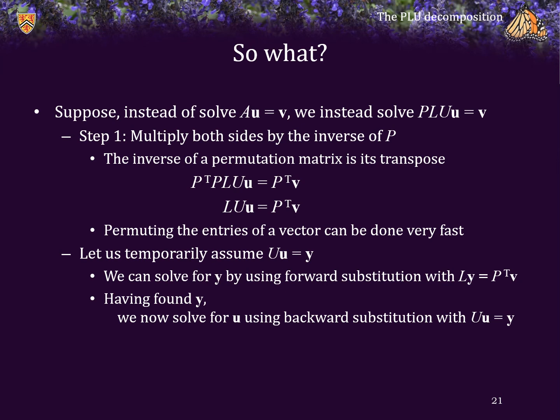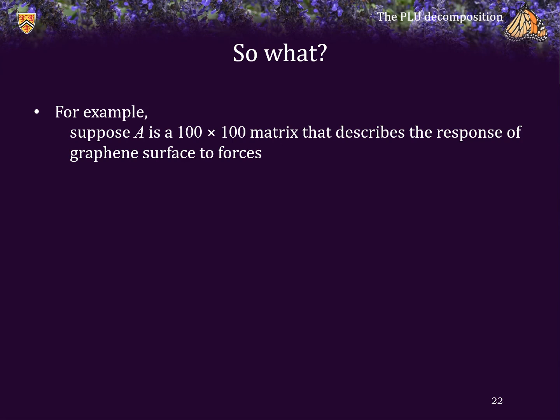Okay, that's how we're going to use a PLU decomposition. Now, for example, suppose that a matrix A is a 100 by 100 matrix that describes the response of a graphene surface to various forces. You would like to simulate your design to see how your design responds to various different forces.